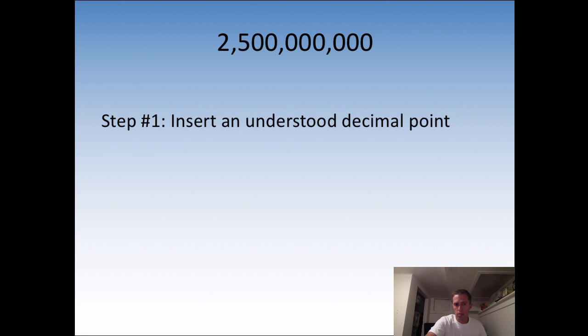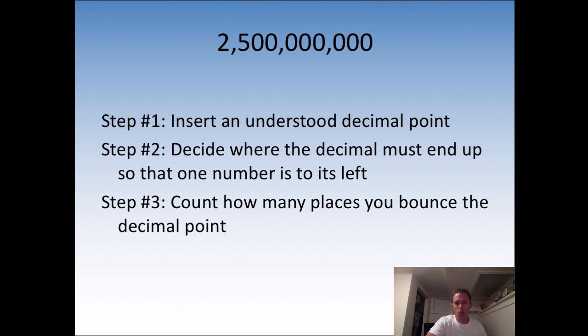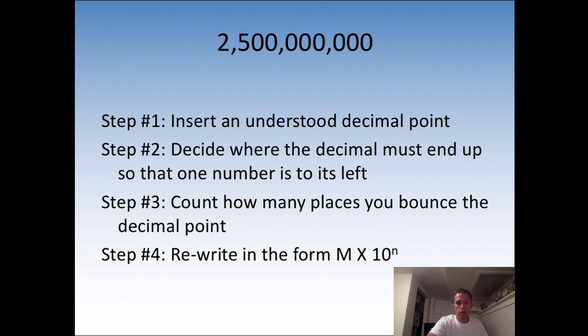There's a few steps. Step 1 is to insert an understood decimal point. Step 2 is to decide where the decimal must end up so that one number is to its left. Step 3 is to count how many places you bounce the decimal point, and step 4 is to rewrite it in this form, m times 10 to the n. Let's do that now.